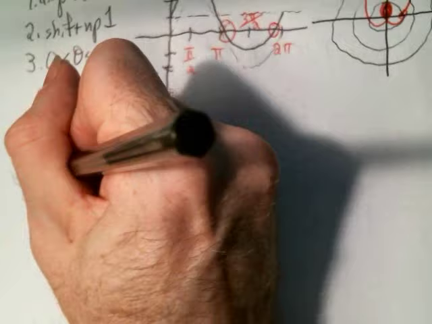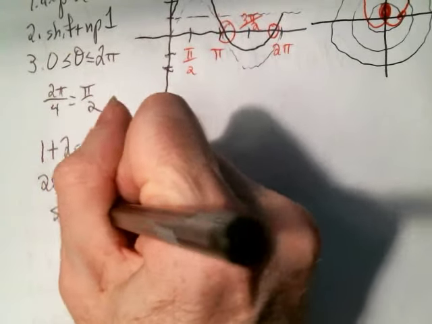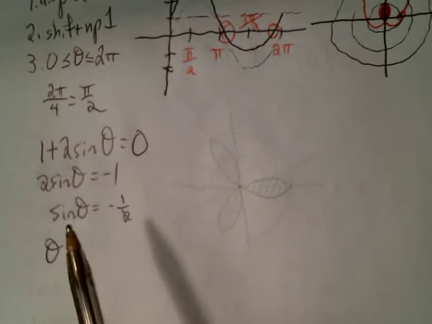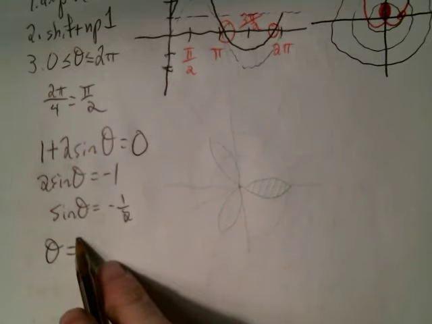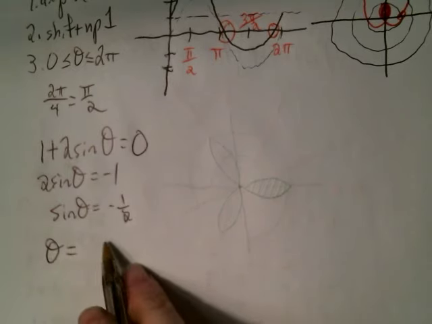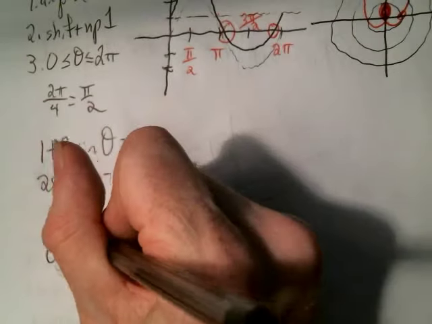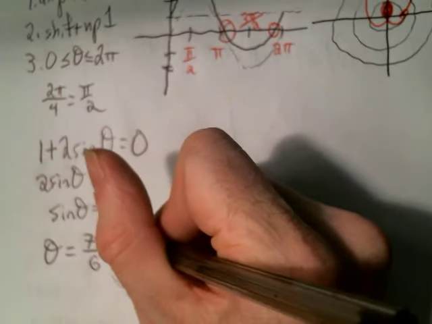And so 2 sine theta equals -1, so sine theta equals -1/2. So theta, the reference angle for 1/2 is pi over 6, and then sine is negative in the 3rd and 4th quadrants. So I'm looking at 7 pi over 6 and then 11 pi over 6. So not the prettiest of numbers, but those are they.